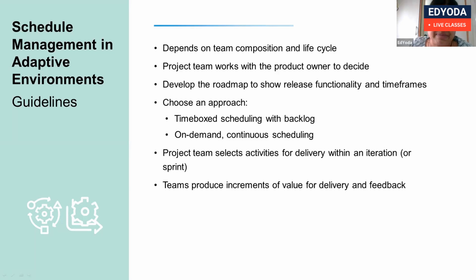But there we will not fix the schedule or do the network diagram; all these things we will do continuously. Here, the team will produce the increment, then take the feedback from the customer or the product owner. Correct. That is in the adaptive environment.